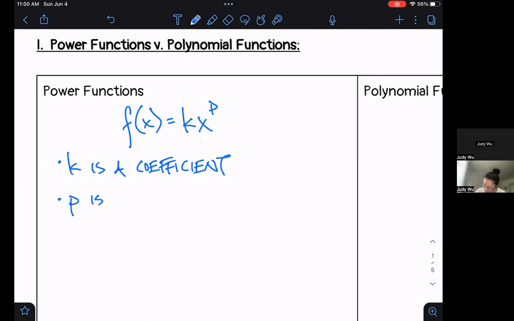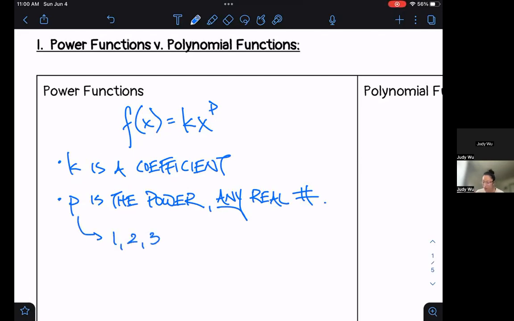But p is the power of our power function, okay? And it can be any real number, right? What that means is it could be 1, 2, 3, all these whole numbers, but it could also be -4, -7, it could be 1/2, it could be -3/5, right?